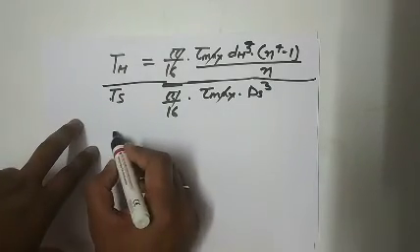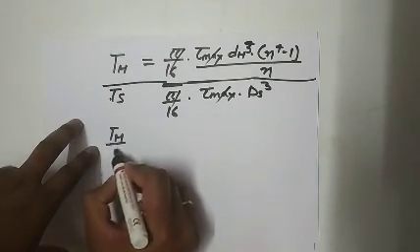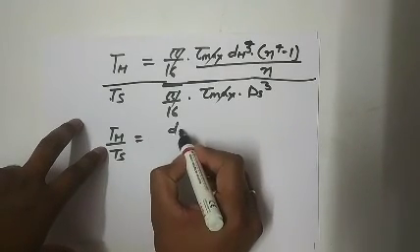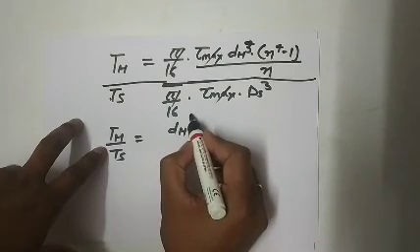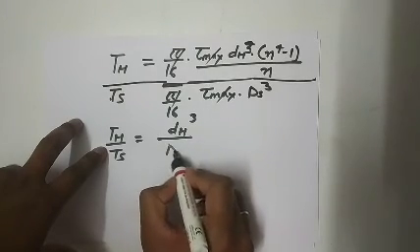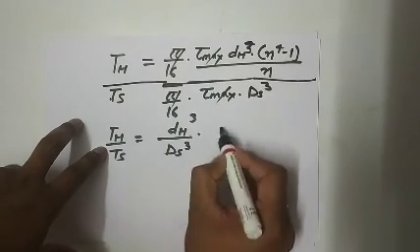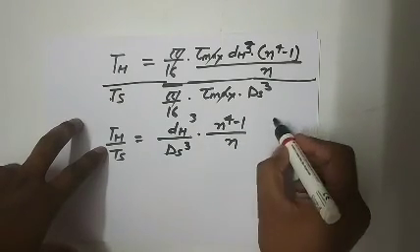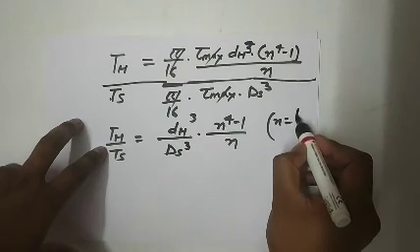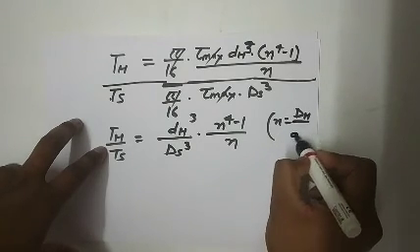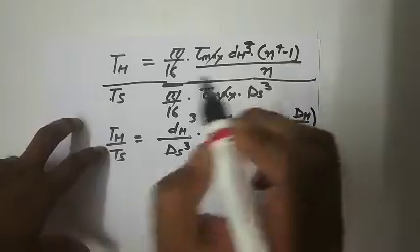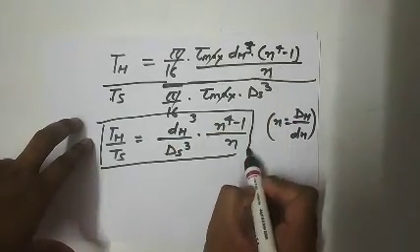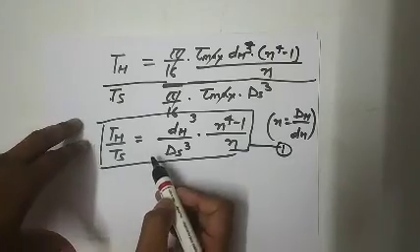Finally, expression left is Th upon Ts equal to Dh cube upon ds cube into n to the power 4 minus 1 upon n. Here n equal to capital Dh upon small dh for hollow one. Right? This is the equation number 1, say.